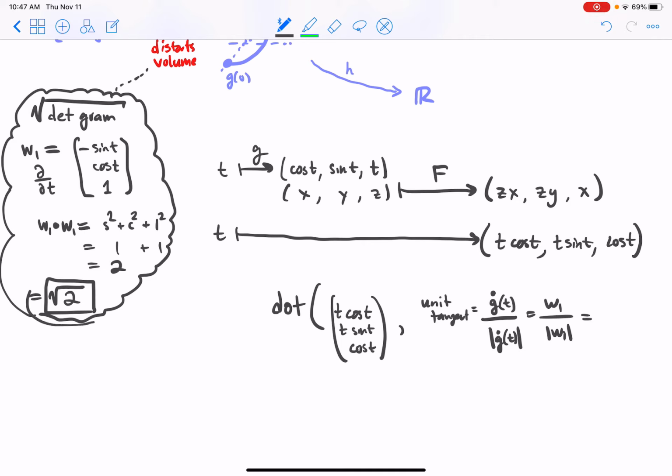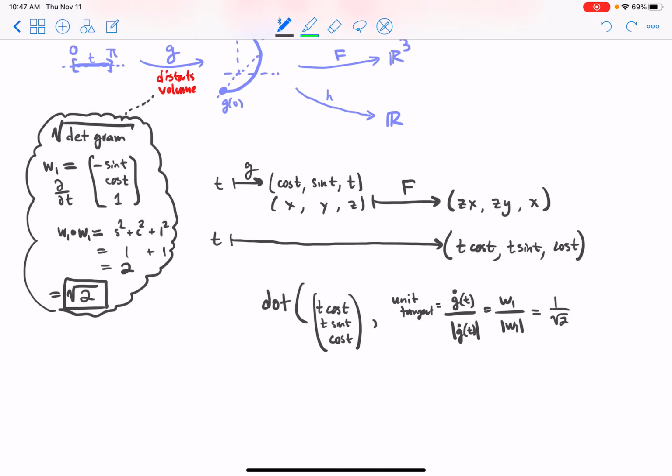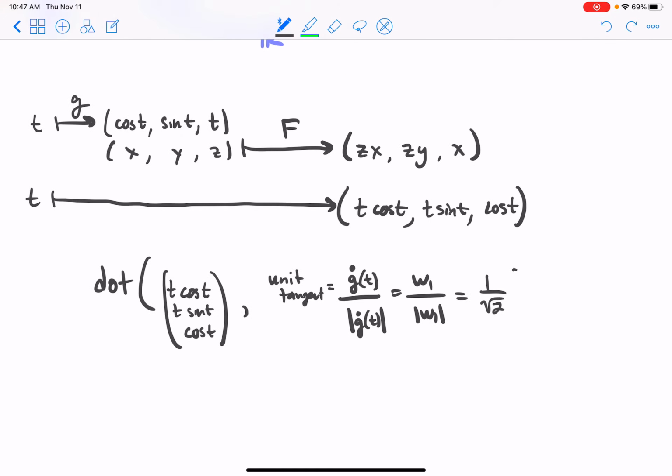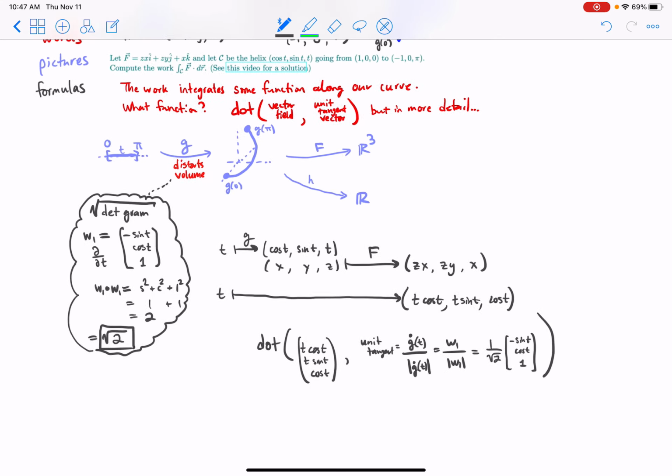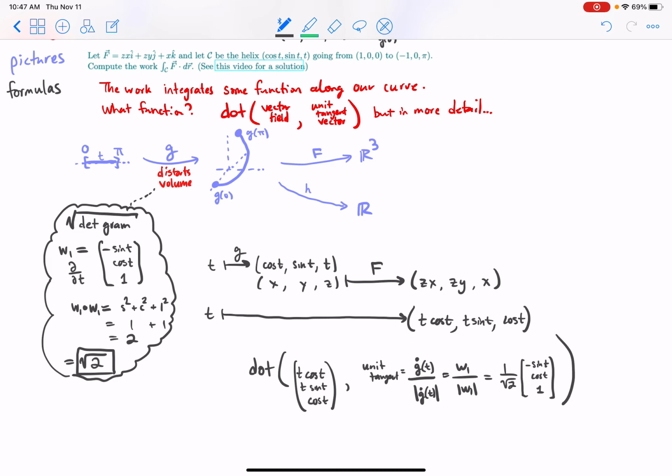Well, we already computed the length of w1, and so that's going to be 1 over the square root of 2 times the vector minus sine, cos, 1. Okay, so that was a lot, but we had already done it over here, okay?